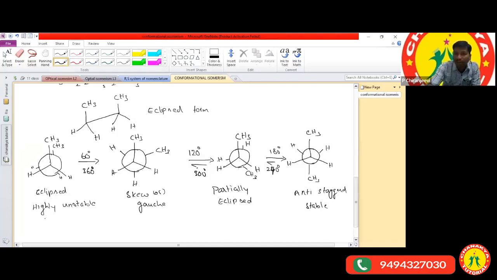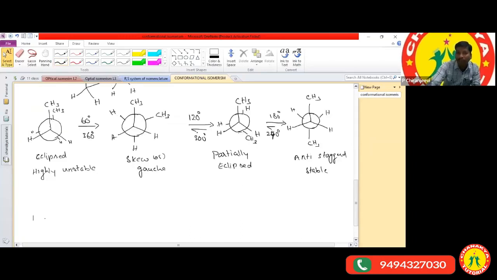So based on the angles, the eclipsed form is obtained at 0 degrees and 360 degrees. At what angle do we get the skew or gauche form?